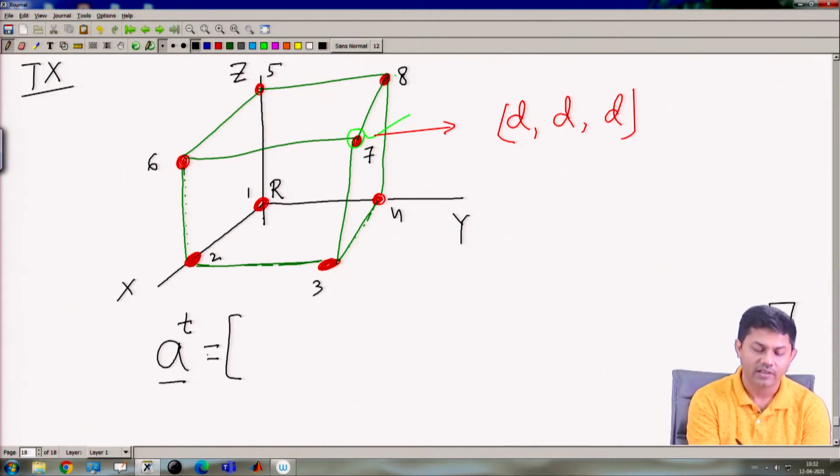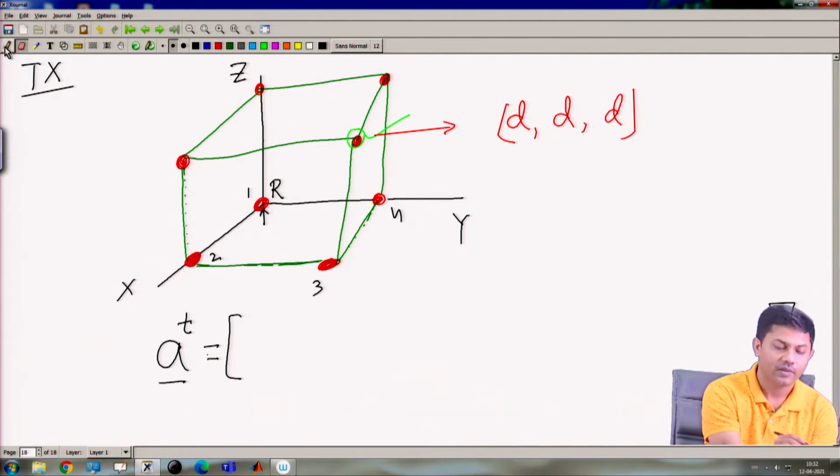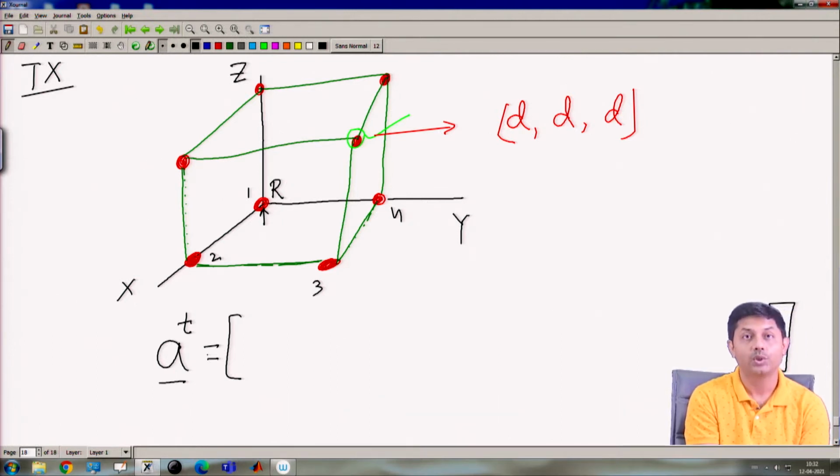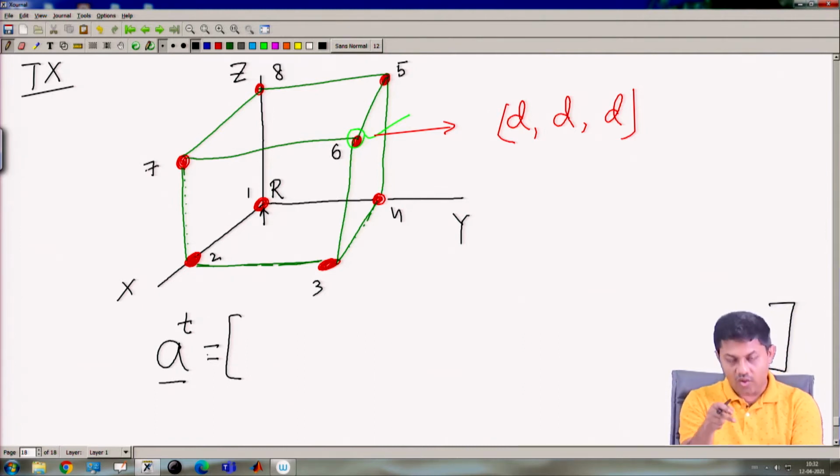So, it touches here first, then second, then third, then fourth, and then it goes to fifth. And in fact, if you are not so comfortable, you can change the coordinates here where it is touching. You can say from 1, then it is touching 2, then 3, 4, then this can be my fifth, this can be my sixth, this can be my seventh, this can be my 8. Yeah. So, that is the order in which the wiring is touching.